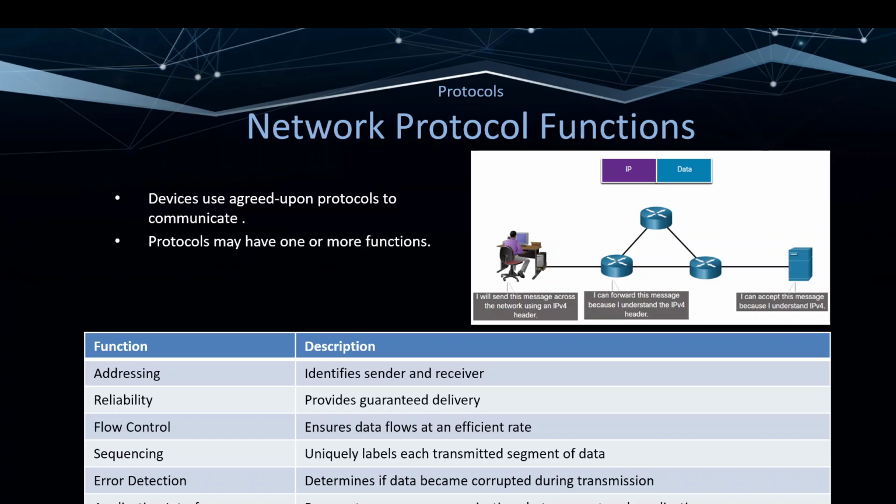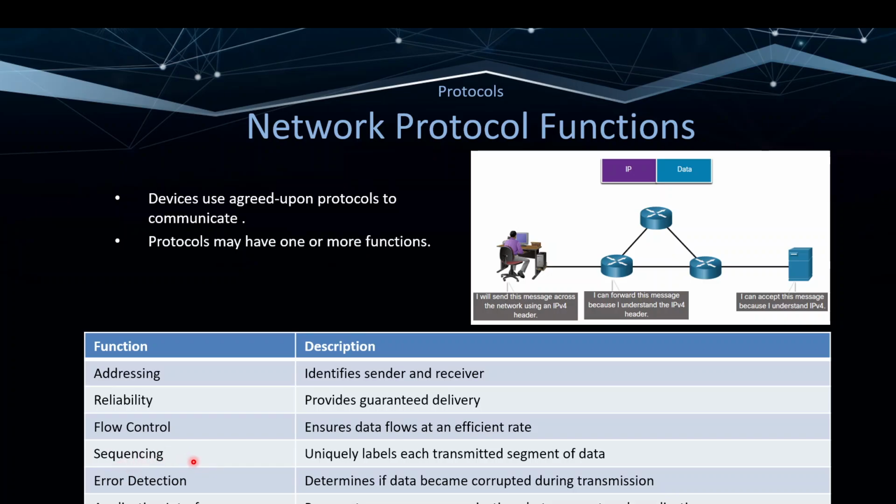Network protocol functions. Some of them provide logical addressing, like IP and routing, so addressing. Then reliability: some of them provide reliability, like TCP. Flow control: some of them provide flow control, like TCP windowing.